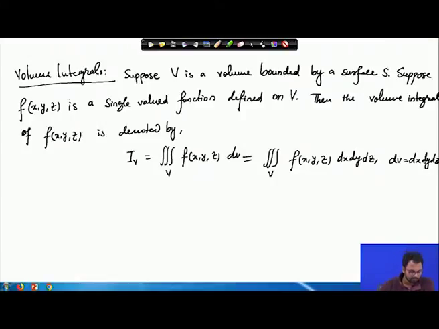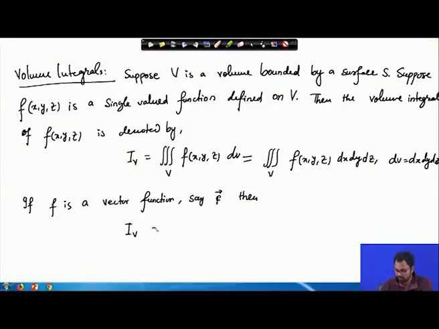This is the required volume element, and if f is a vector function, say capital F, then I_V is the integral of capital F dV. So capital F is a vector function.